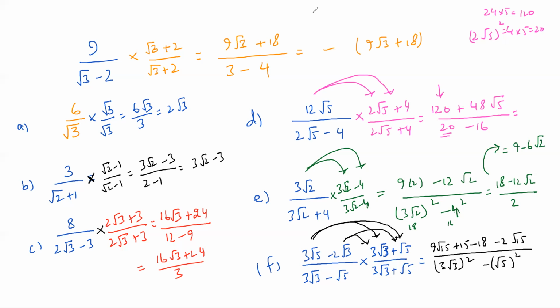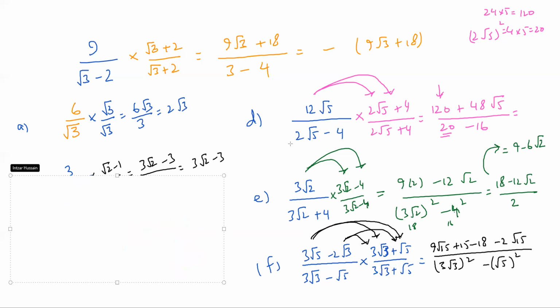Okay, so after simplifying it, we get that is equal to this 9 under root 15 minus 2 under root 15 is 7 under root 15 minus 3 over, this one is 9 threes are 27 and this is just 5.